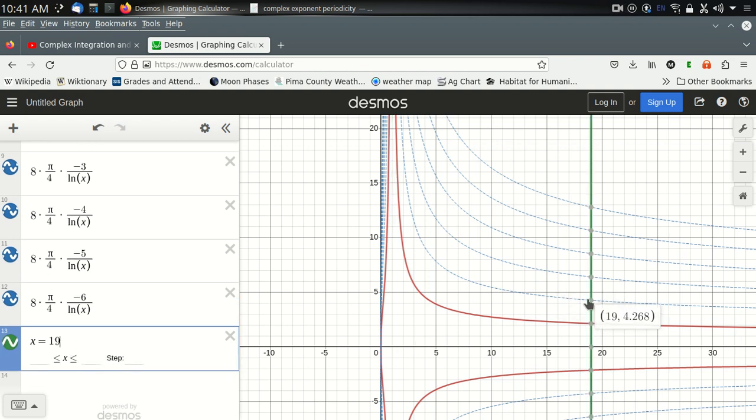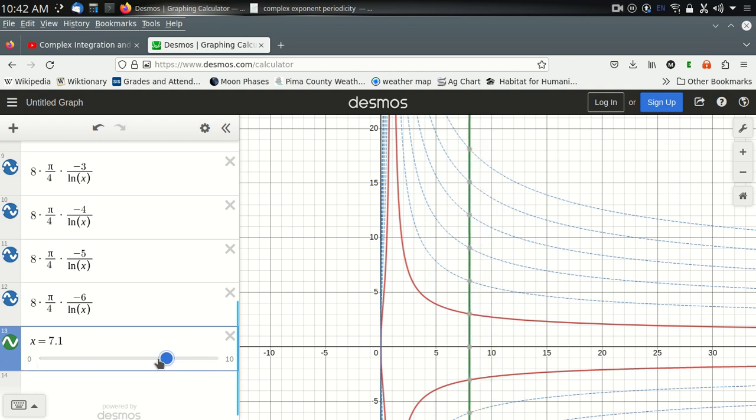And it's different. Now your period changes as you move around. And at 1, something magical happens.